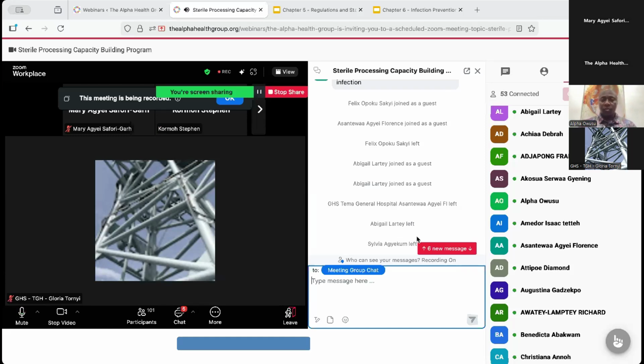So, Central Sterile, in short, all of you have done very well. Central Sterile's main goal is to prevent infection. How?